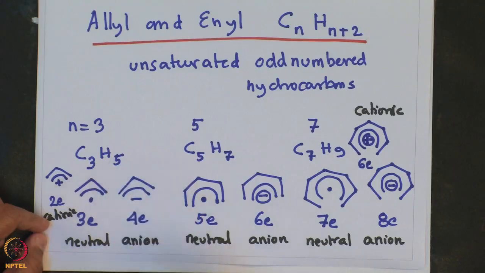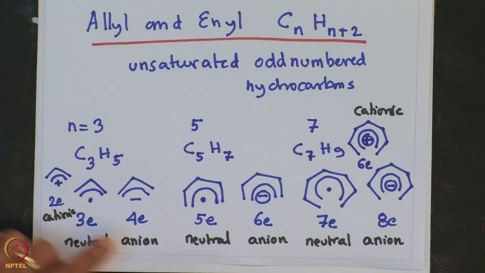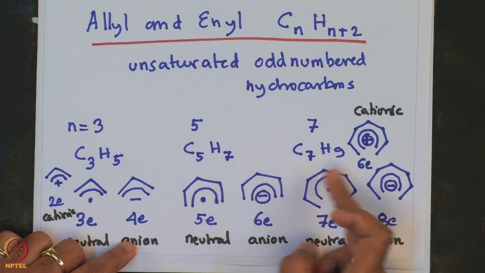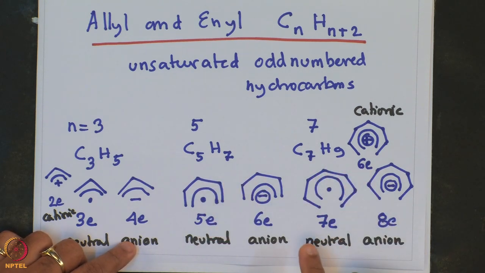For example, C3H5 can donate 2 electrons as a cation, 3 as a neutral, 4 as an anion, and so on and so forth. Each of these ligands, C5H7, C7H9, can donate 3 types of electron counts depending on which form they are binding.